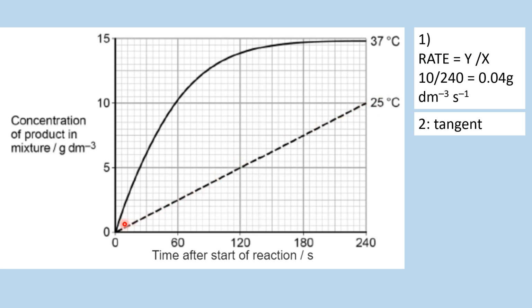So in this example at 25 Celsius, because it's a straight line, you can use any point to find the rate of reaction. To make it easier, let's look at around here. So 240. I need to find my y.